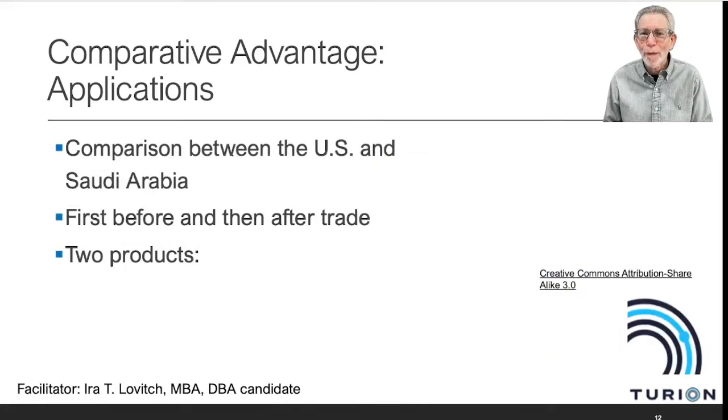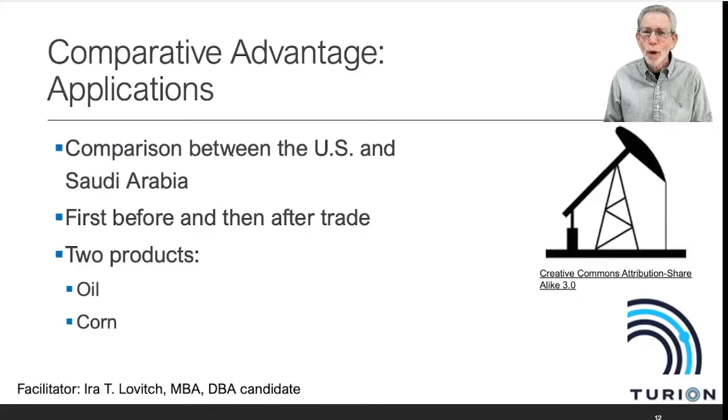Another example that you might recall was using two nations, the United States and Saudi Arabia, and demonstrating before and after trade what would be the total available for those nations. And we use these two products, you might remember, oil and corn.